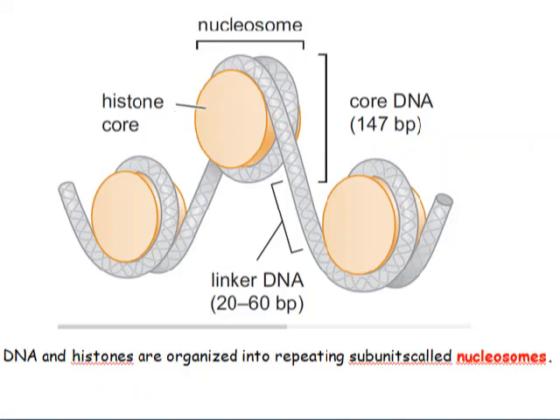The DNA between two nucleosomes is called linker DNA, 20 to 60 base pairs in length, and the DNA associated with the core is called core DNA, approximately 147 base pairs.